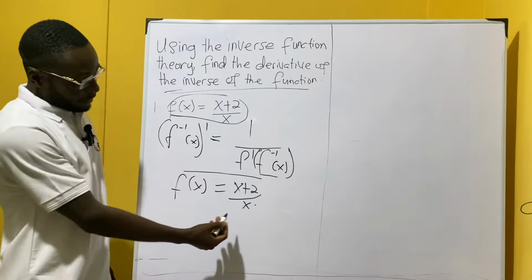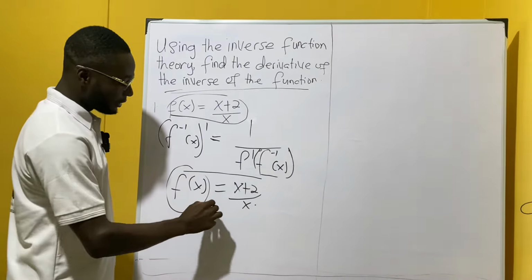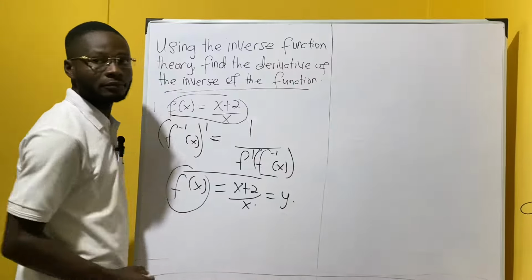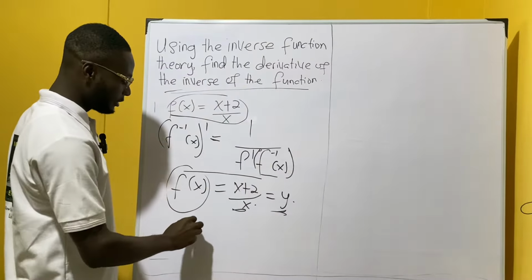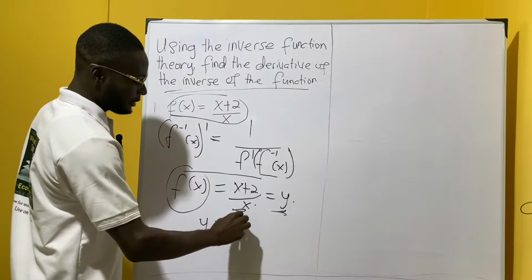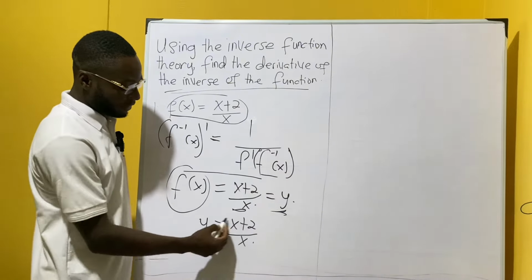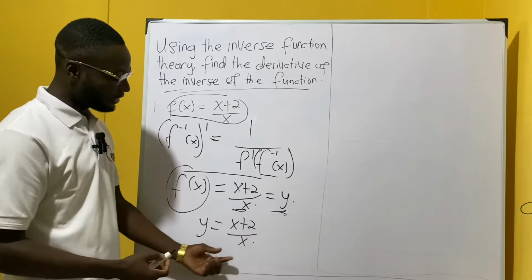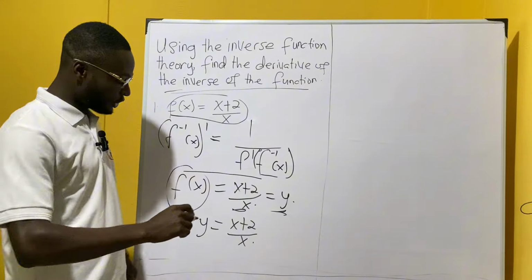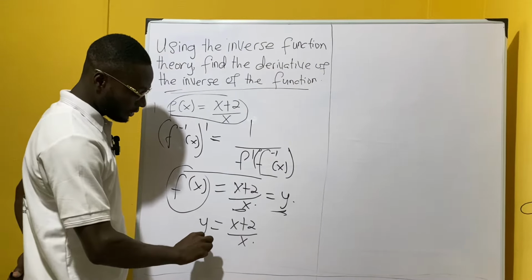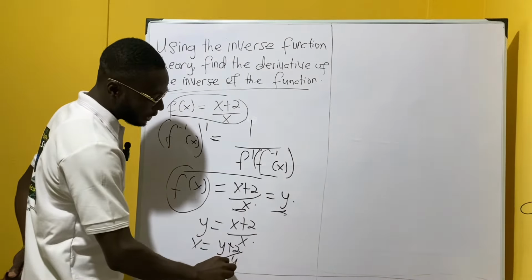We know that f of x is the same as y, so y equals x plus 2 all over x. After doing this, you interchange the variables: x moves to y and y moves to x. So here we have x equals y plus 2 all over y.